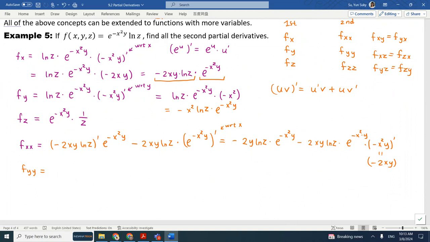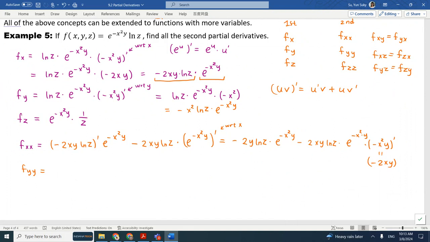Move them together so it looks nicer. When we take the derivative, x squared is a number and z is a number, so they're just constant multiples. Do we need the product rule? No, we don't. It's a constant multiple times the derivative of e to the u.